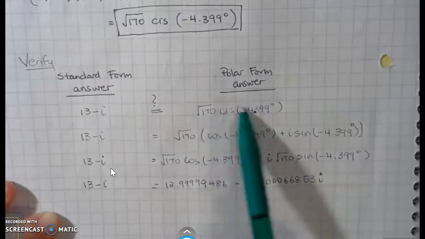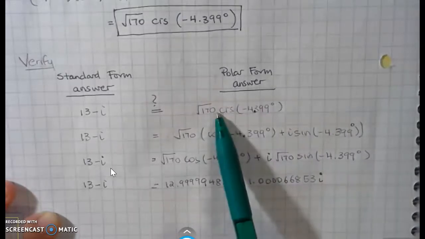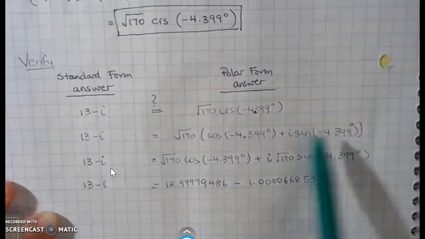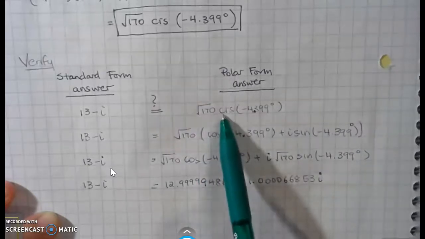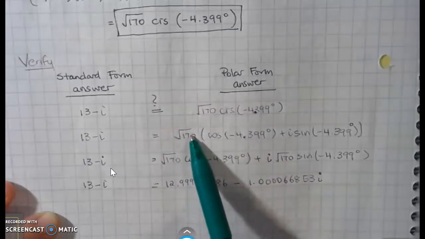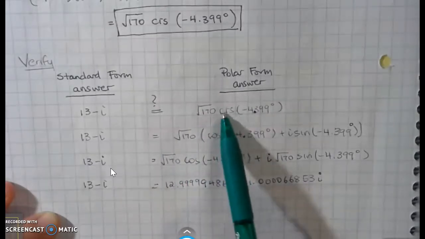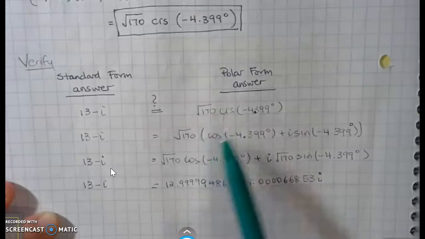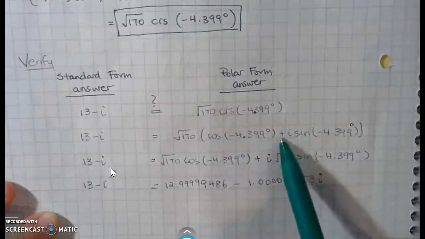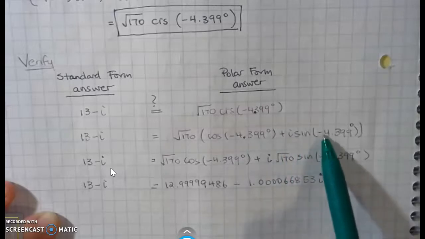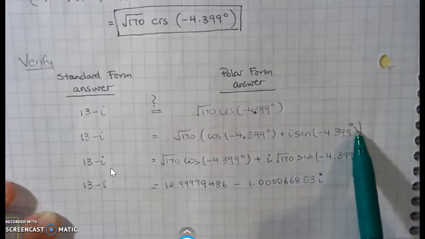That is, we're going to rewrite this shortened form into the extended form, and so that's going to be square root of 170. That's the same, but instead of writing cis, we're going to write cosine of negative 4.399 degrees plus i sine of negative 4.399 degrees.